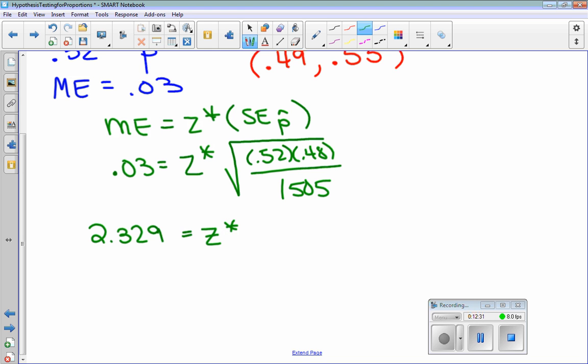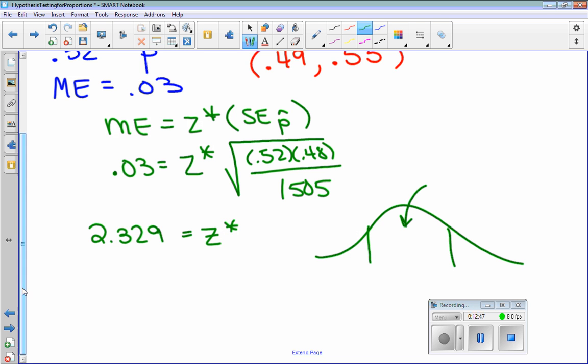Now what? How do I go from the z star to the confidence level? Well, I know that the confidence level is the middle area, right?